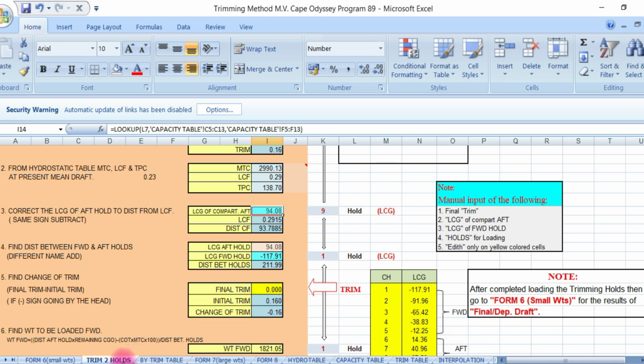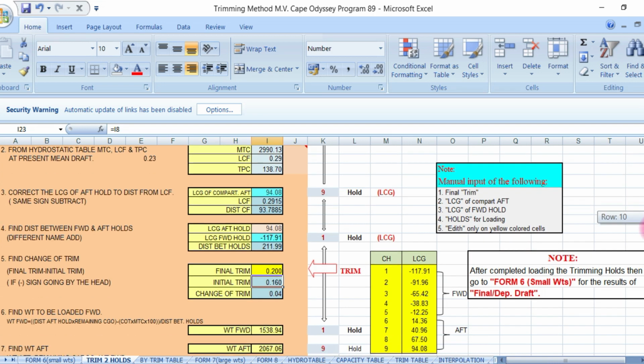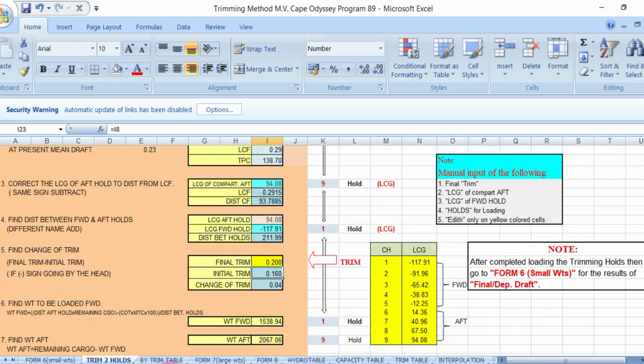So in the final trim, you put here 0.20. When you already put this 20 centimeters trim, how much will the program say you will load in number one? Number one says you load 1539.